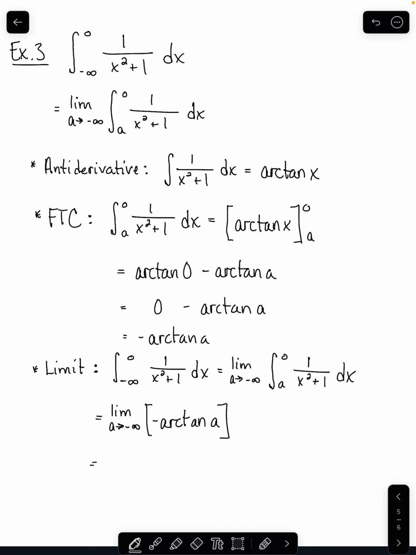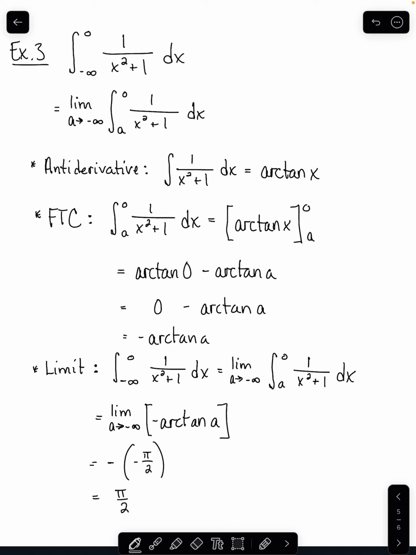Thus, as a approaches negative infinity, this function will approach negative pi over 2, but with the negative in front of the entire thing, we end up with pi over 2. And we can say then that this limit converges to pi over 2. We can actually get away with saying it is equal to pi over 2.